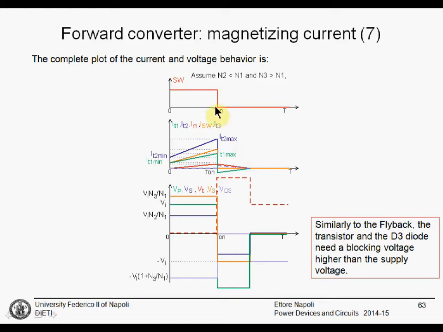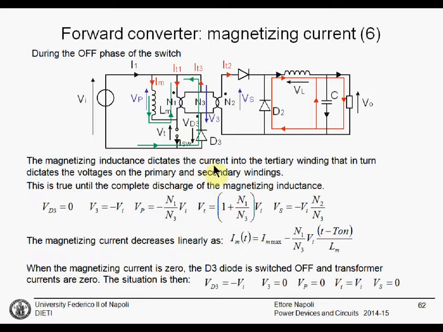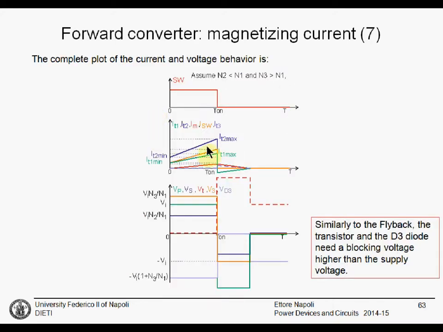In this plot, IT3 is also shown, that is the current in the tertiary winding. It goes from 0 to positive, and it is proportional to the magnetizing current. IT1 is also shown, that becomes the negative of the magnetizing current and goes to 0 with the magnetizing current.